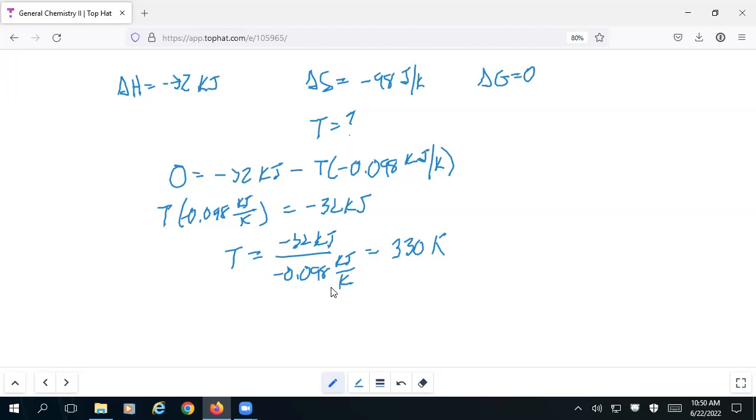So even if you didn't recognize that this question was just asking us for a flipping temperature, you could have gone through the Gibbs free energy equation and plugged in the 0, the negative 32, and the negative 98 converted to kilojoules, and got to the exact same place.